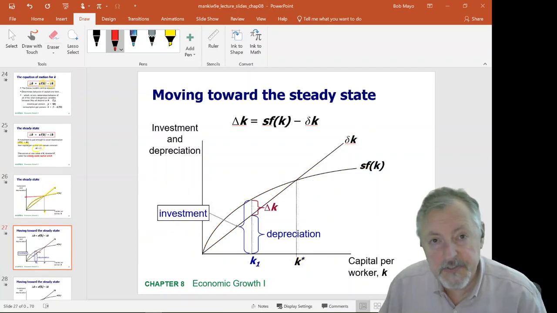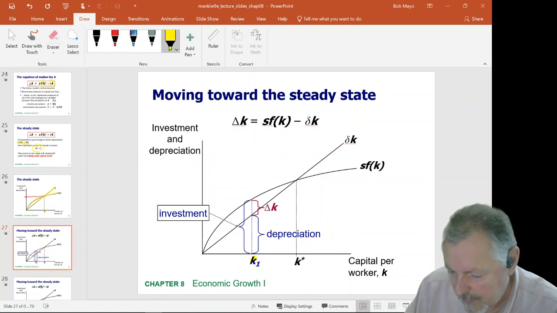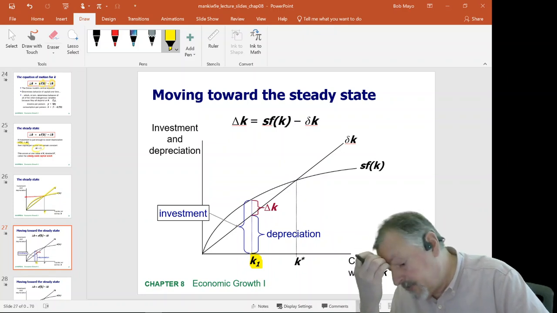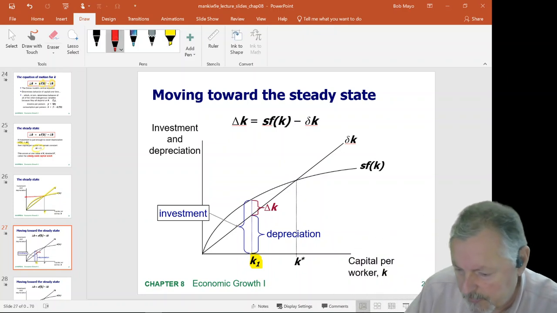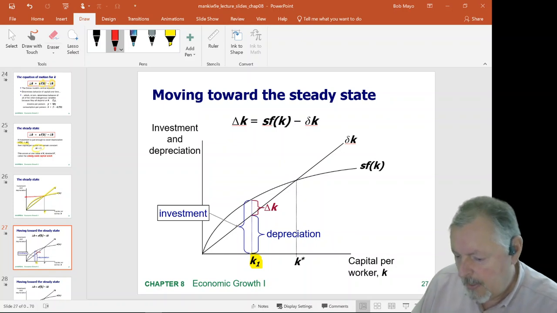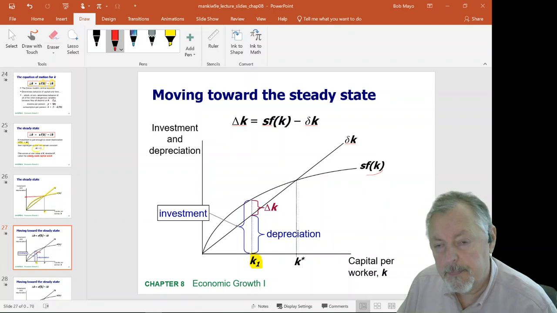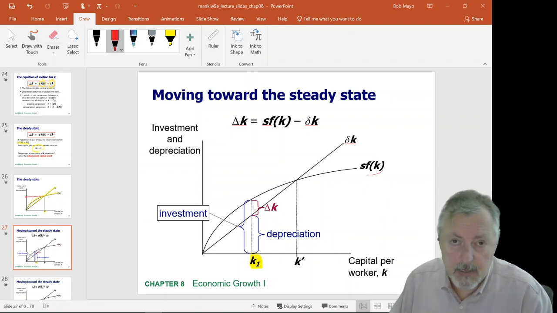What happens if you're not at the steady state level of capital per worker? Let's assume you have less capital per worker than the steady state of K star. Okay, let's look at the two parts separately. Just looking at accumulation of capital. How much capital in each time period are you adding to the economy?